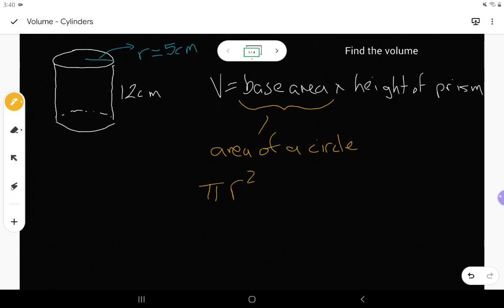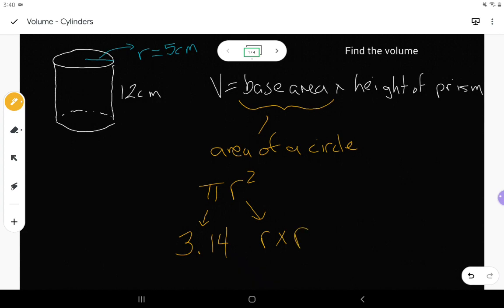Now remember, for our purposes in grade 8, we're going to use the approximation of 3.14 for pi. This r squared, as a reminder, is the same thing as r times r, or the radius times the radius.